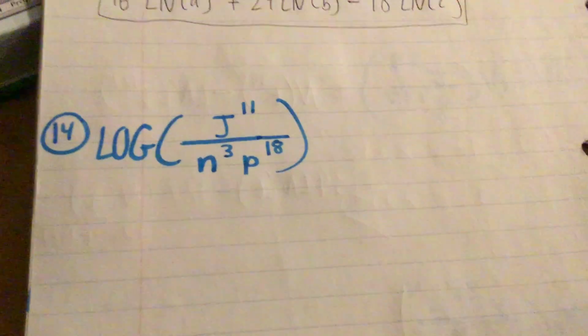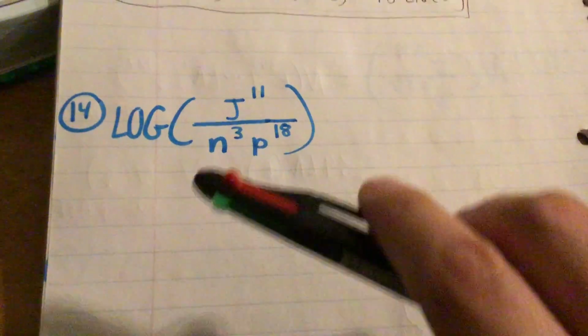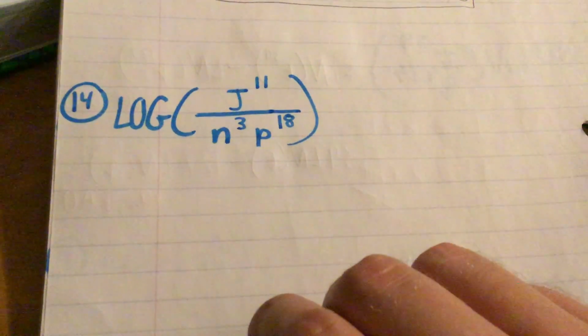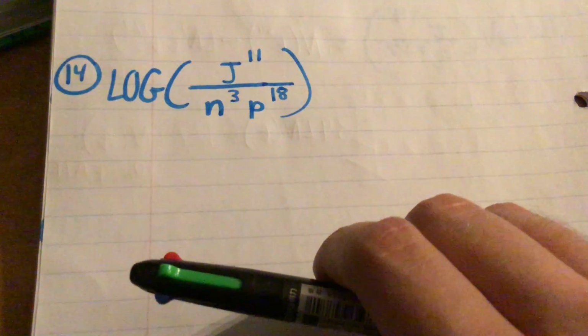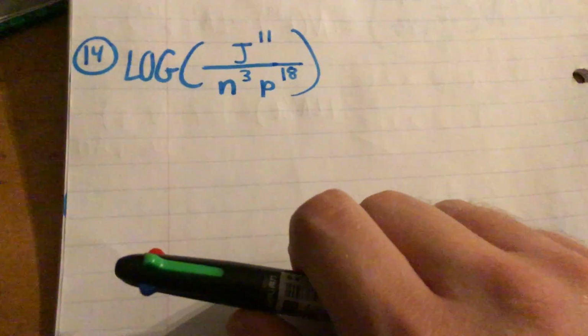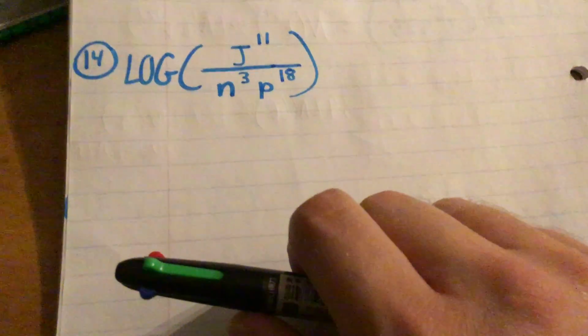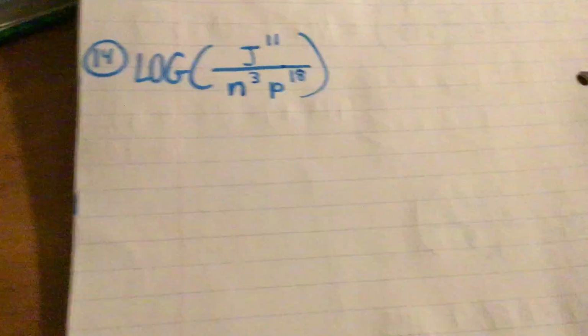And the reason why I bring that up is because log of j to the 11th over n cubed p to the 18th, I could do log of j to the 11th minus log of n to the 3rd p to the 18th, but you would have to distribute the negative when you do product sum. So I'm going to tell you, tops are positive, bottoms are negative.